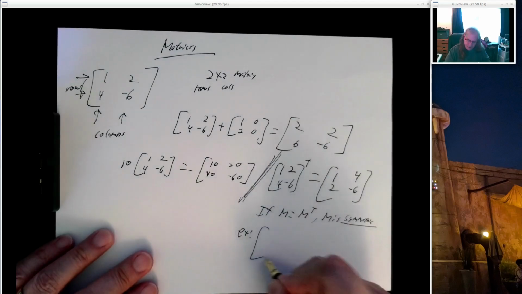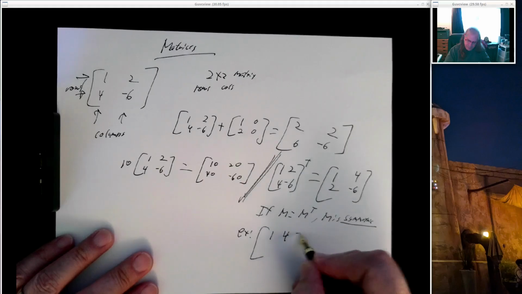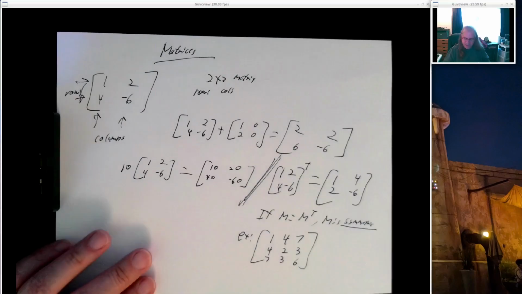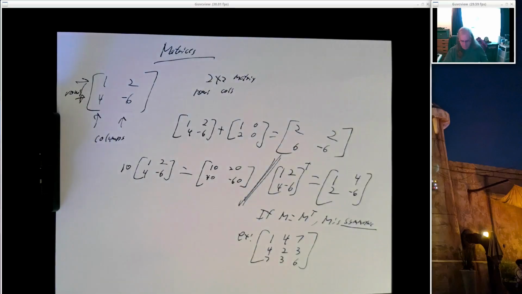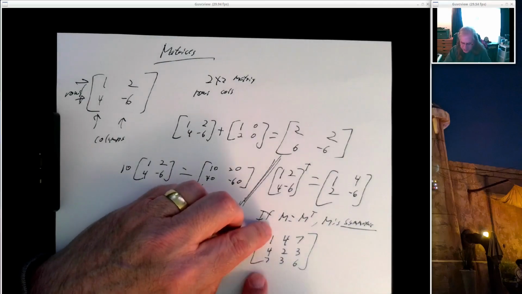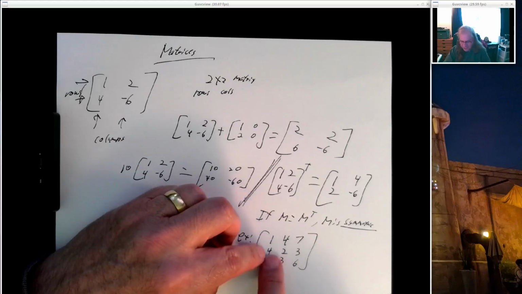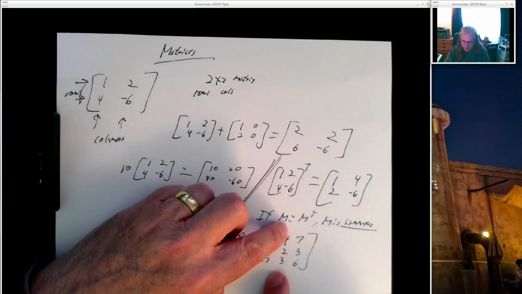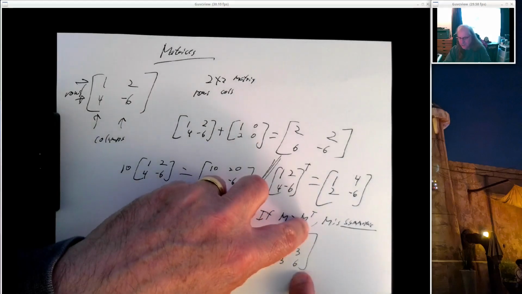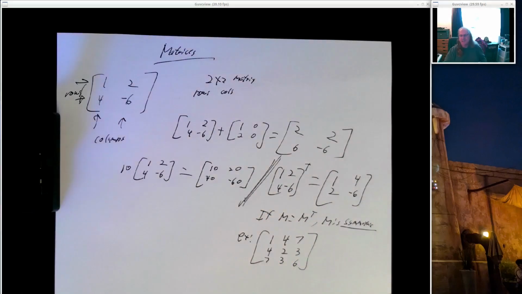So for example, that's a symmetric matrix. Because if I transpose it, this first row 1, 4, 7 will become the column 1, 4, 7. The second row 4, 2, 3 will become this column 4, 2, 3, and the third row 7, 3, 6 would become the third column 7, 3, 6. We would get the same matrix. So that's a symmetric matrix.